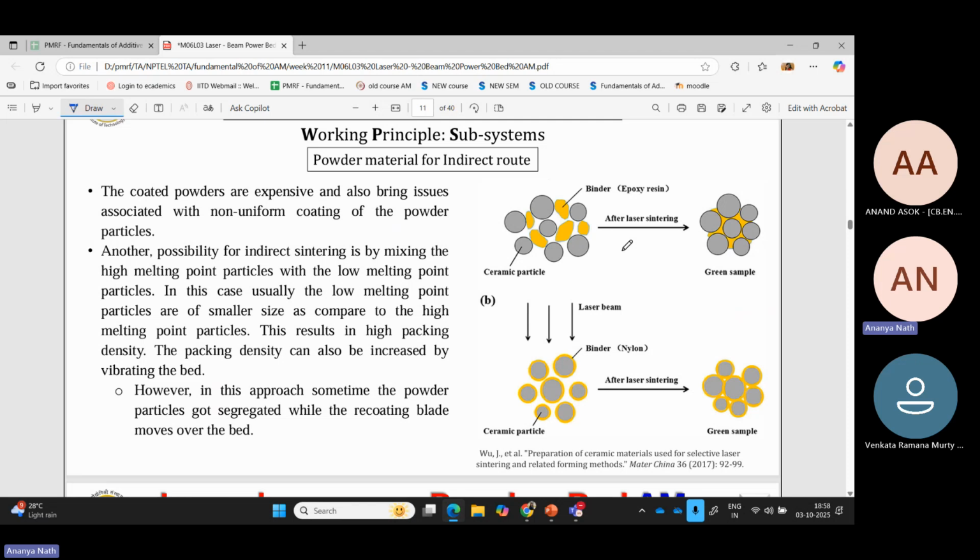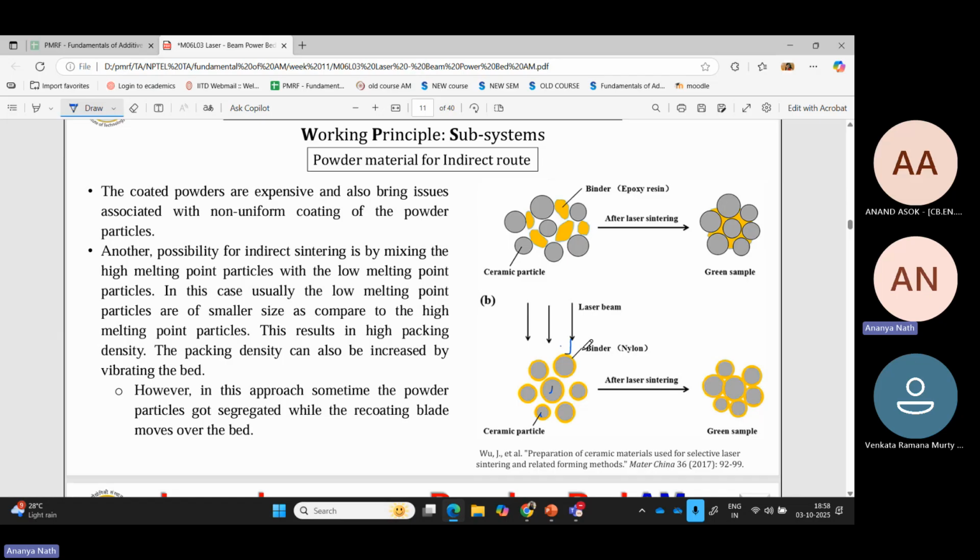Then the next is the coating that I said. See, these are the ceramic particles and these are the coating. The coating can be of binder, or it can be of another metal as well. For binder, you either keep the binder in the sample, or you evaporate the binder in the heat treatment process and get the compact strength. But if you apply metal as a coating, then you can print nice composites, ceramic matrix composites.